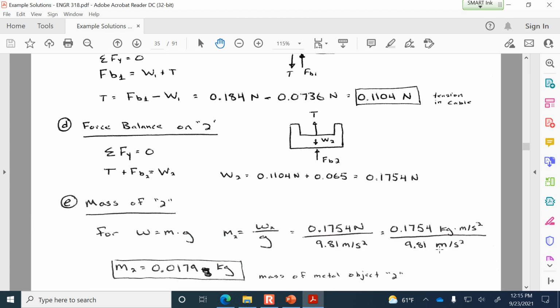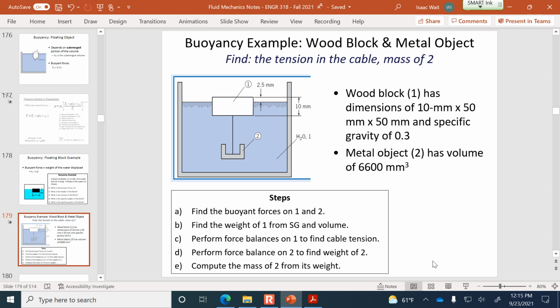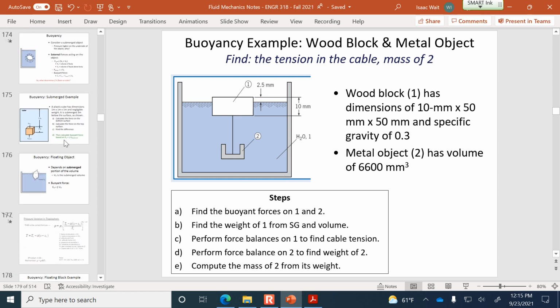And then the final thing, the mass, is simply going to be taking g into account. So the weight of the object divided by g tells us that we have 0.0179 kilograms. And so I would encourage you to think through this example and kind of the order of why things were asked one step at a time and how we can learn from buoyancy.